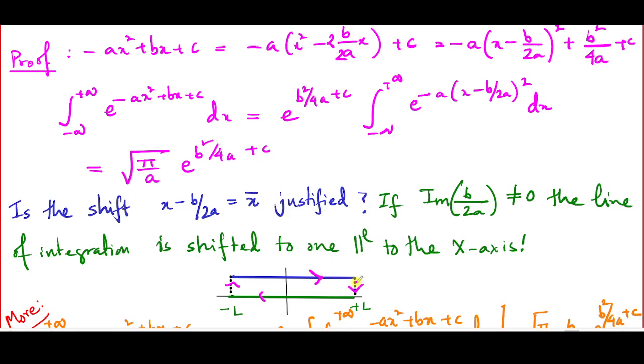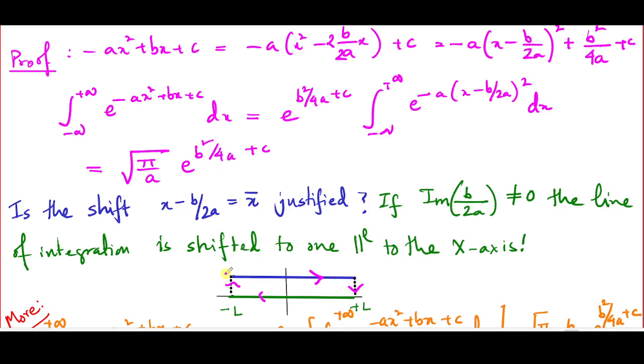As long as the real part of a is positive, for both plus L tending to infinity and minus L tending to minus infinity, the integrand will be vanishingly small over these vertical lines, and those integrals, these two lines, will not contribute to the final contour integral.